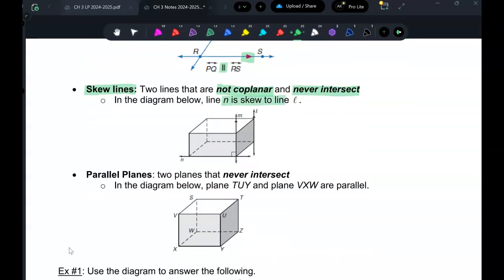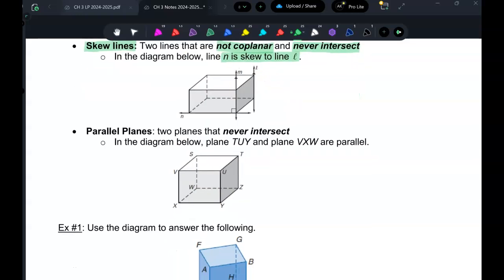We have to just write out the words: line N is skew to line L. Now you have to picture three-dimensionally, because on our two-dimensional sheet of paper, does it look like these will eventually intersect? Yeah, in a two-dimensional space. But if you had a tissue box or this classroom, this one in the back actually won't intersect.